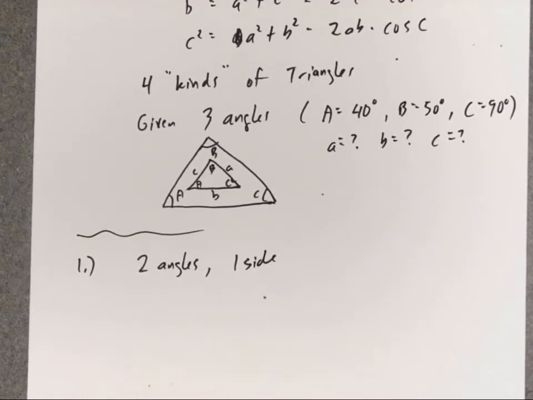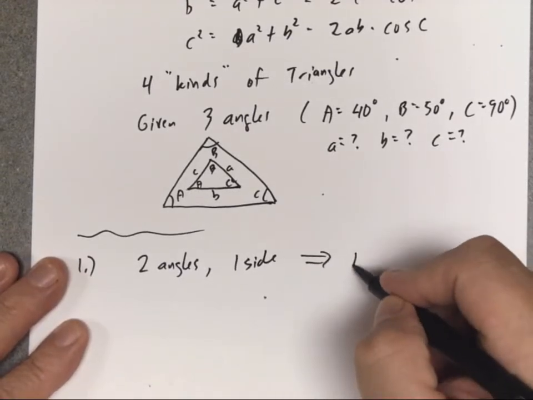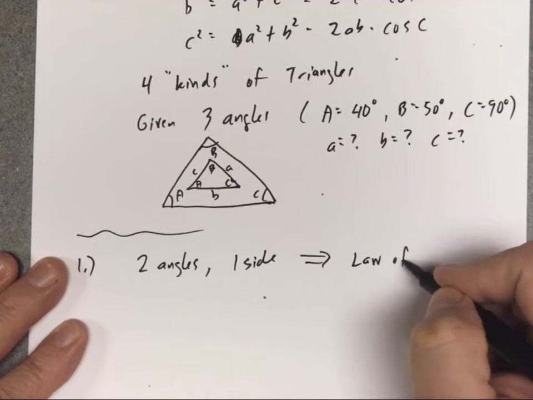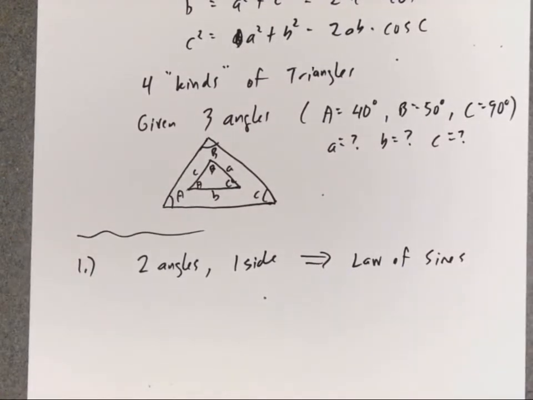So if you're given a problem and they say, here's a triangle, and here's angle A, and here's angle B, and then they give you a side, for this, we're going to use law of sines. As a matter of fact, what you're going to see in this lesson is you don't really have to memorize, for the most part, which law to use. Usually, there's only one possibility.